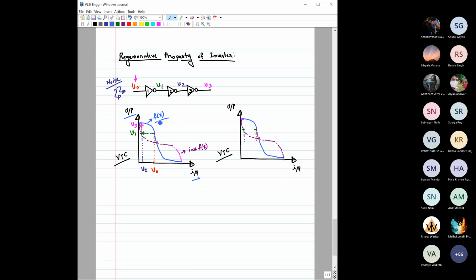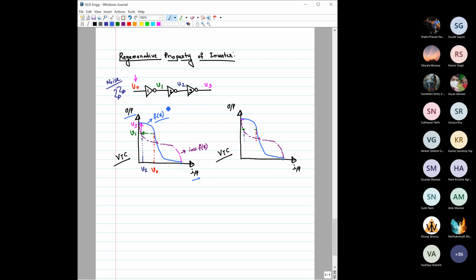I have represented that function using f of x, right? Now, what will be the VTC of gate number 2? Same. What will it be for gate 3? Same, no change, because they are identical.